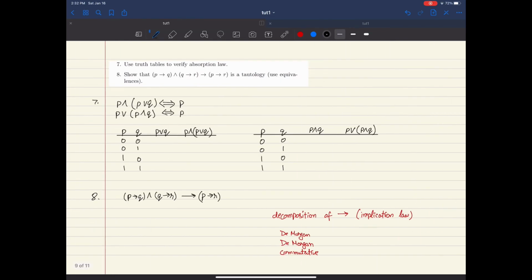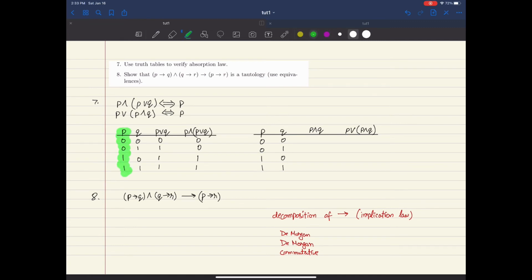Moving over to the next question, we have: use truth tables to verify the absorption law. Now, the absorption law can be written in two ways. One is P and (P or Q) biconditional P, and the other one is P or (P and Q) biconditional P. So for the first one, we start off with P or Q. It's 1 when either of P or Q is 1, and 0 when they are both 0. And you AND it with P, you get 0, 0, 1, 1.